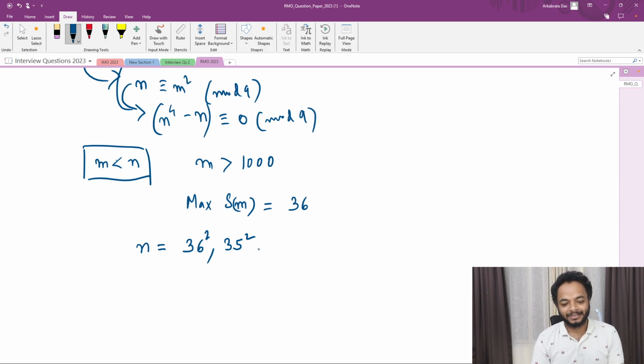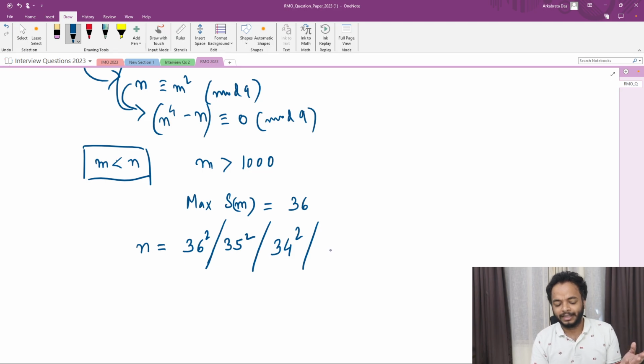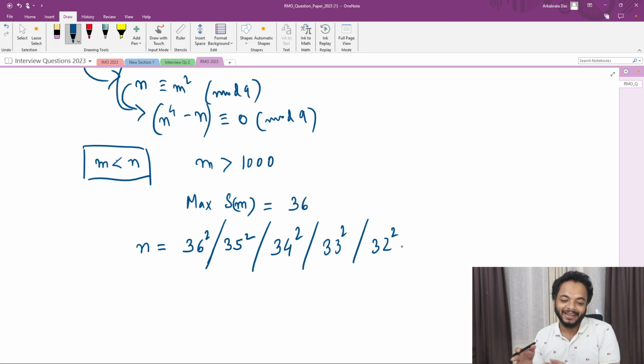So try to understand that n is either 36 square or 35 square or 34 square, or 33 square, and then we have 32 square. But then we can't go below that, because if I go to 31 square, then n is already becoming a 3-digit number, right?